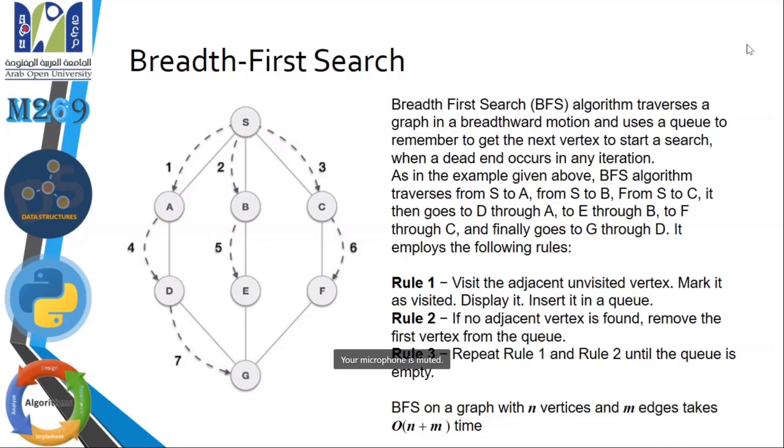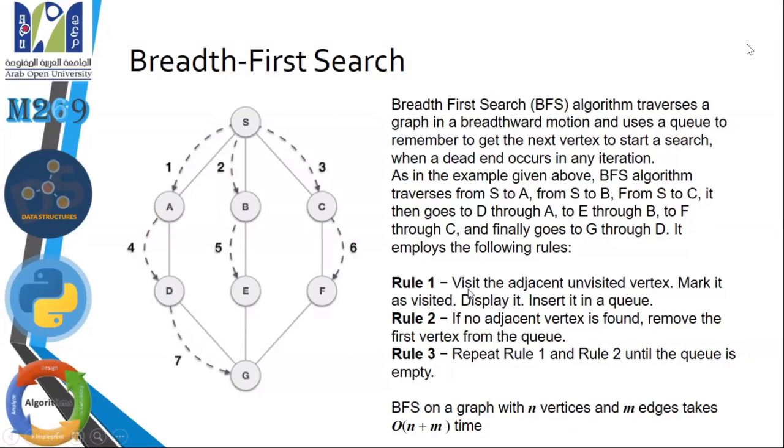Rule number one. As we said, you will select the initial vertex, where you will start. Number two, visit the adjacent, unvisited, this is very important, unvisited vertex. Mark it as visited. So you will say that one is visited.